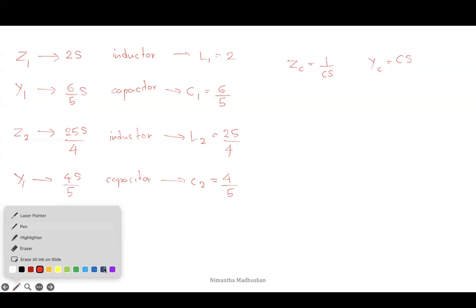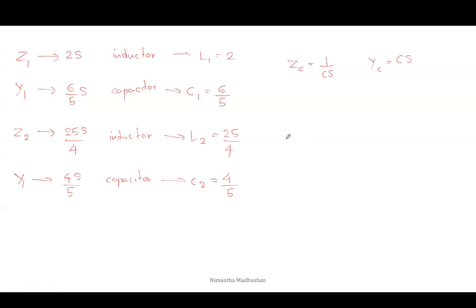Now we can construct the final circuit. The first value is the impedance value, a series connected inductor. The second one is a capacitor, connected in parallel. And the third one is an inductor, and the final one is a capacitor. Values are 2 Henry, 25 over 4 Henry.